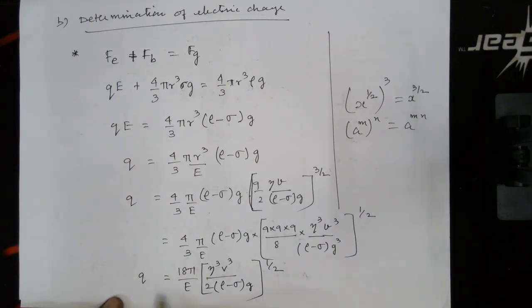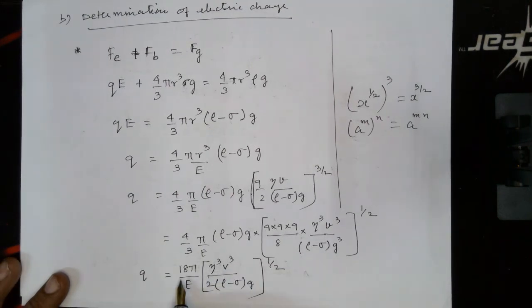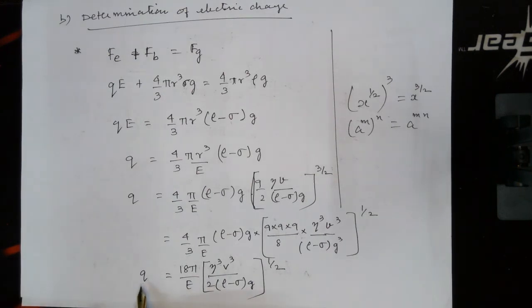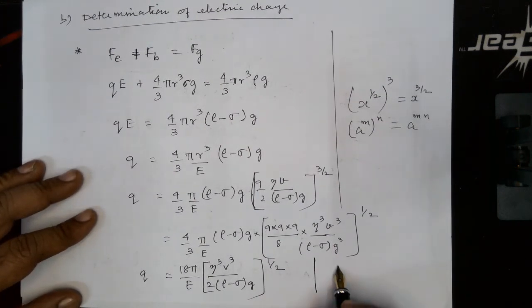So the final equation is Q is equal to 18 pi divided by E into eta cube, V cube. What is V cube? Terminal velocity. So all these values are known. So using this, he was able to calculate, that is Q. And Q is nothing but integral multiples of electronic charges.